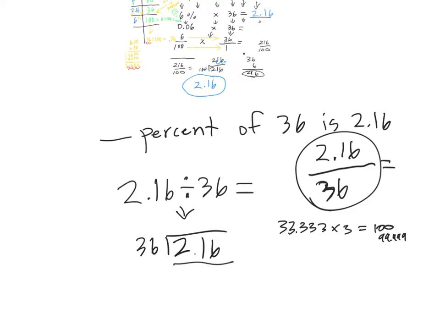They round up. So we see that if 33.333 goes into 100 3 times, then we know that 36 can go into 216 more than 3 times, but how many more can it go in?